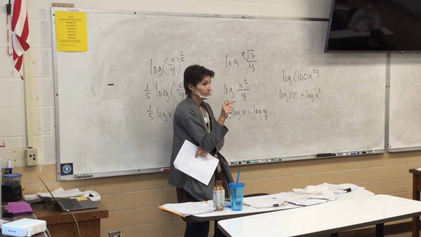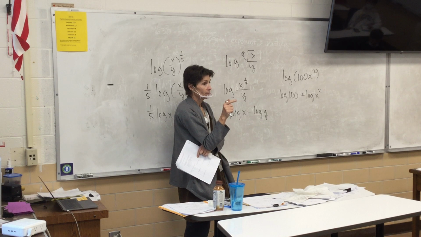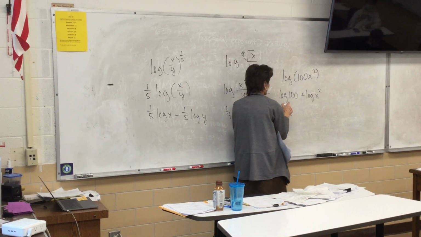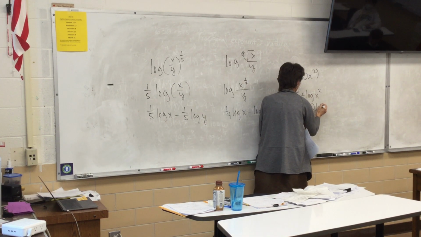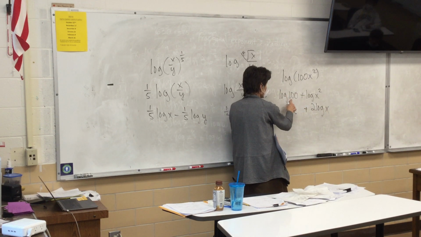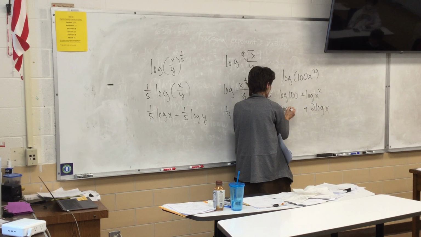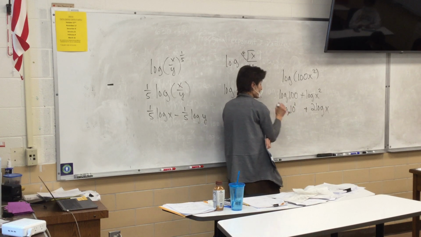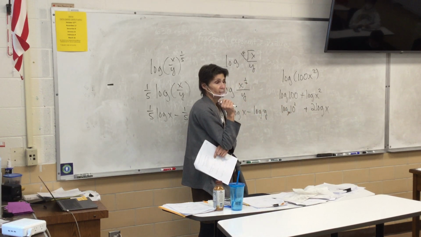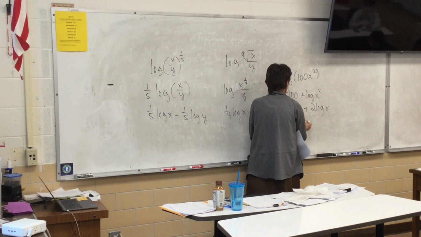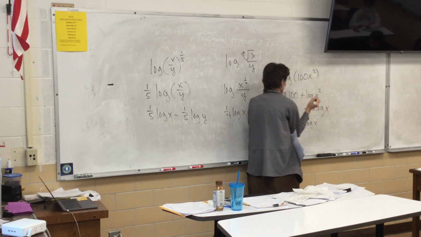So when you break it down, it would be log 100 plus log x squared, or plus 2 log x. Okay, so this is definitely going to be 2 log x. 100 is 10 squared. So what's the log base 10 of 10 squared? 2. So your answer is 2 plus 2 log x.